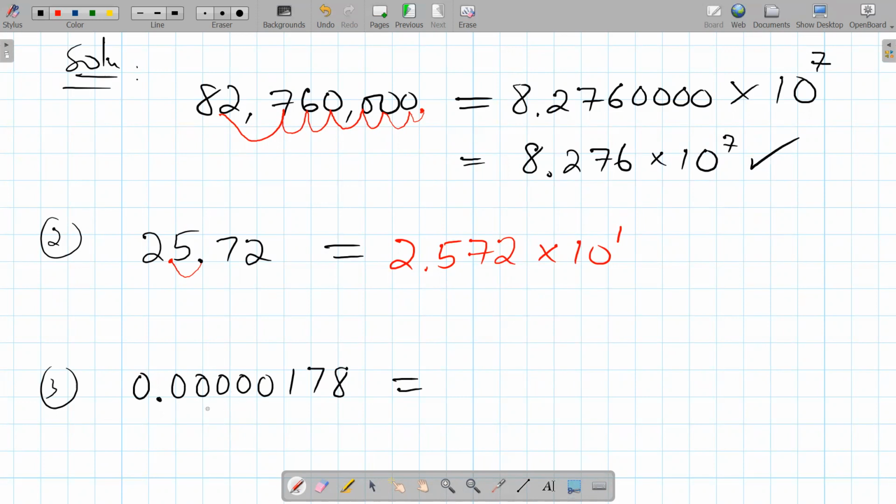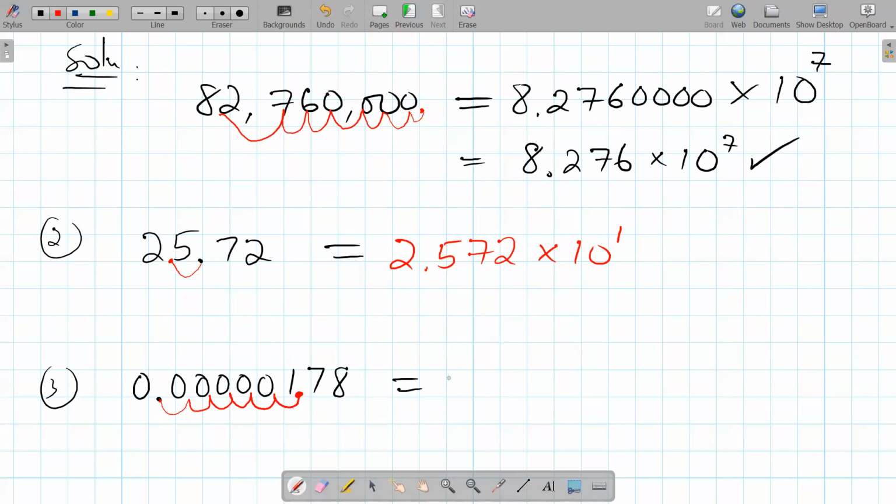And because this is small, for this to satisfy the condition, I need to move it to the right. So I'm going to start from the decimal point, move 1, 2, 3, 4, 5, 6, and I stop here.